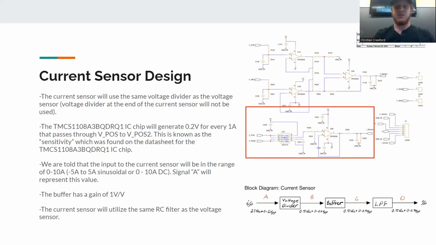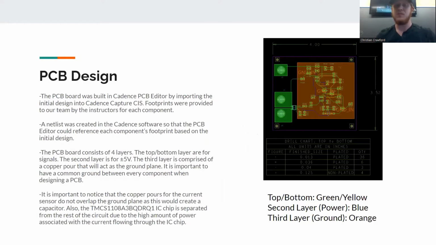We are told that the input to our current sensor will be in the range of 0 to 10 amps. This will be signal A in our block diagram. Our buffer has a gain of 1 volt per volt. And then, as previously mentioned, our current sensor will utilize the same RC filter as the voltage sensor. Looking ahead, Christian will cover our PCB design.